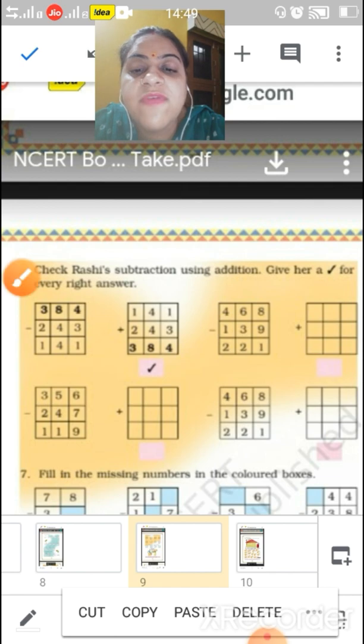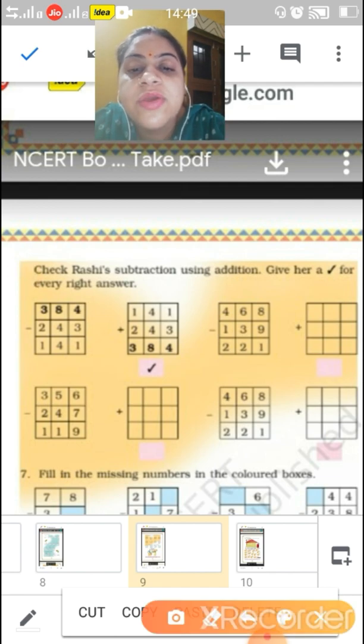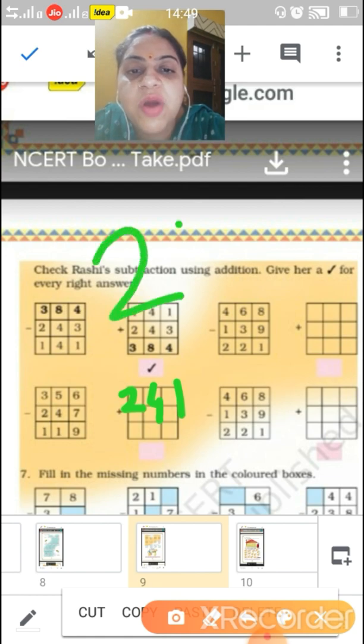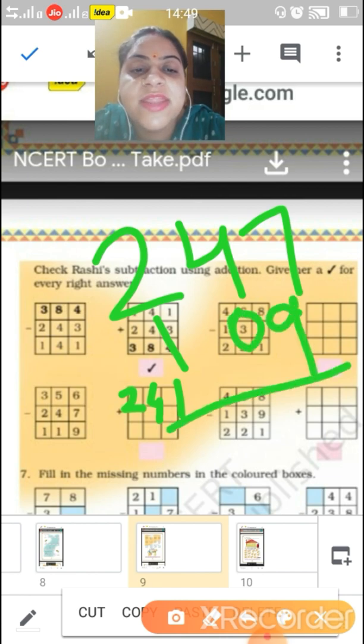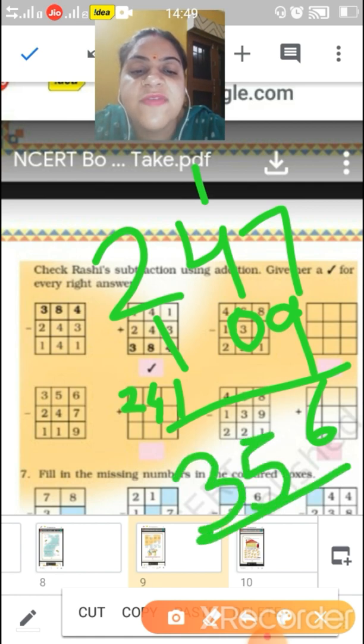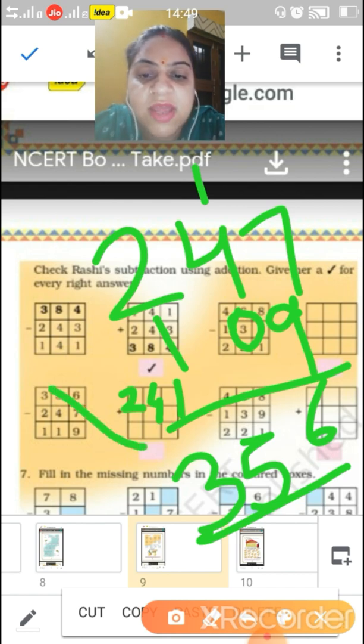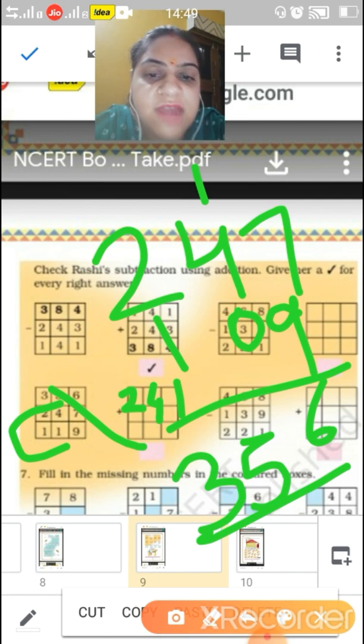So now what we have to do, you will write 247 in the first box, next box you will write 109, and then you add, that is your 356. Then your answer is matching and correct. Otherwise our answer is not matching, that will automatically become wrong. Understood?